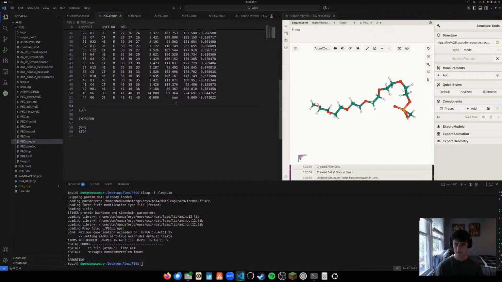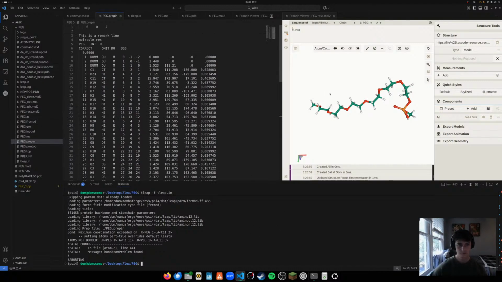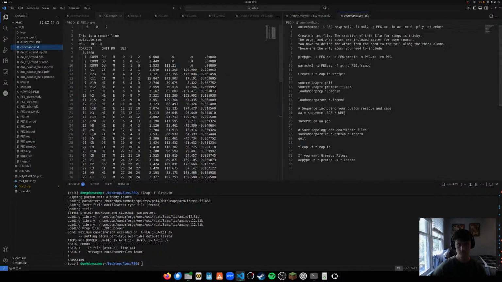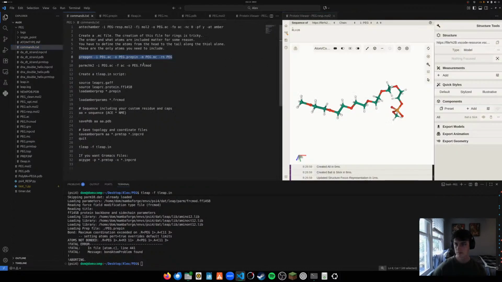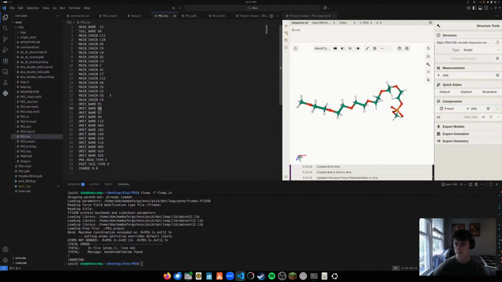I don't know what's happening. Bond atom problem. Omit name O10.